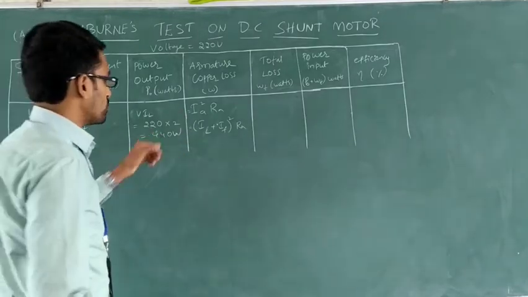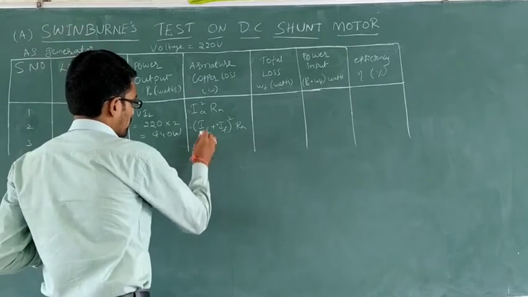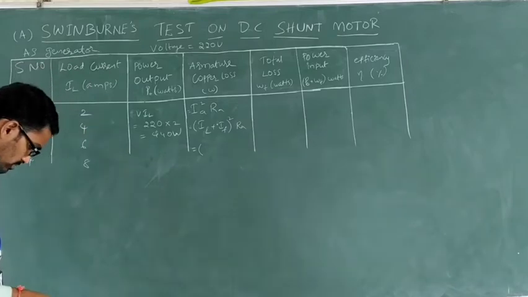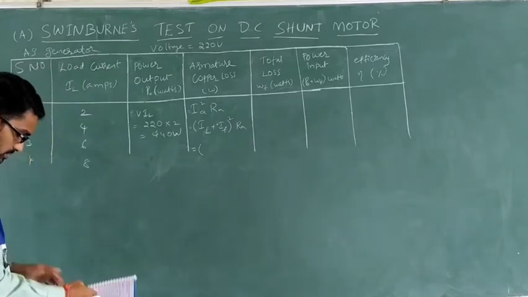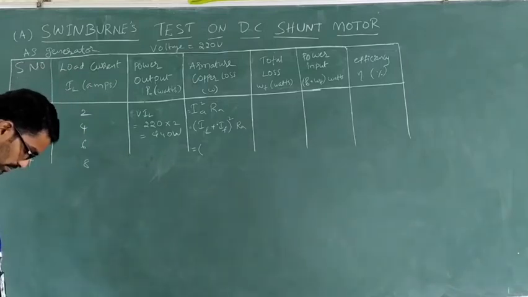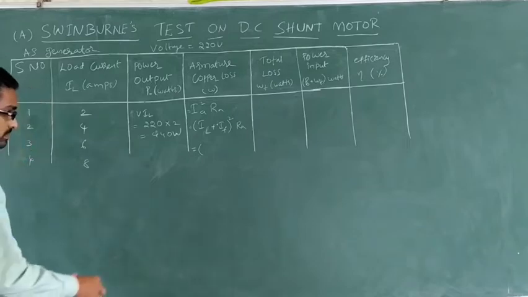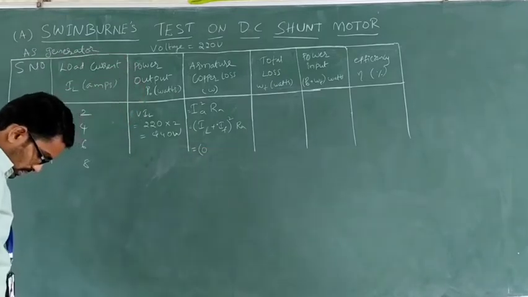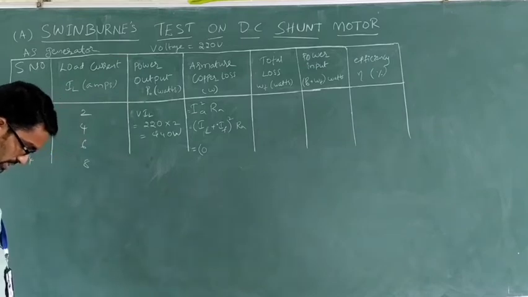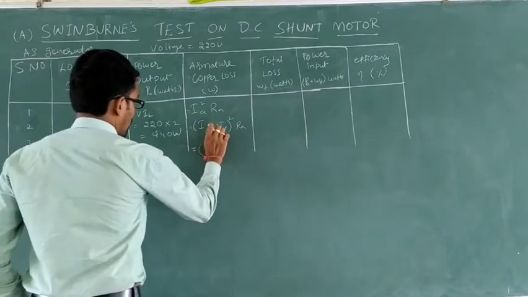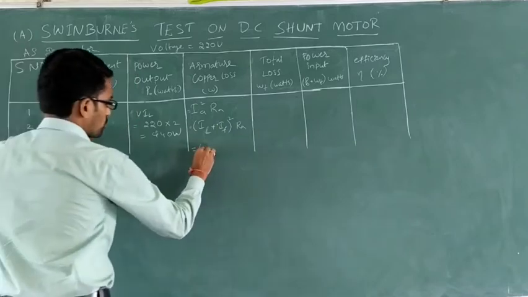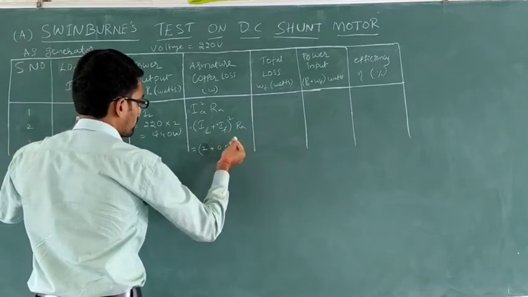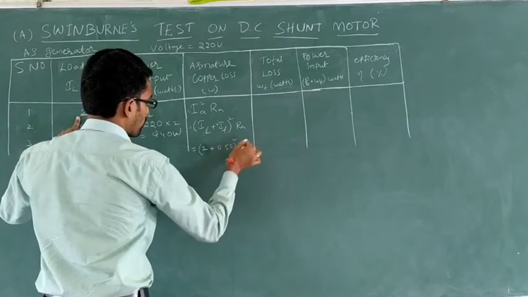The IF value is 0.55, and the IL value here is 2, so 2 plus 0.55 whole square into RA, which is 1.3.